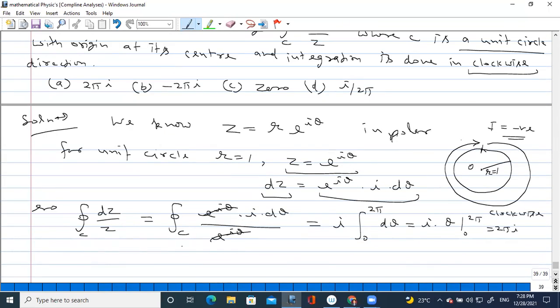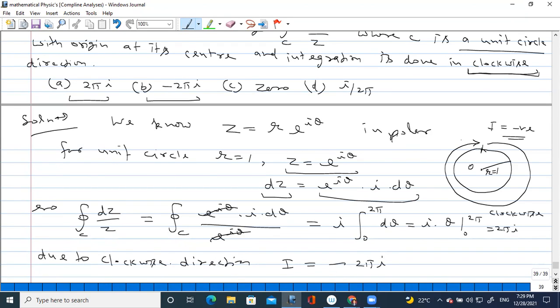So then we can say due to clockwise, that you also have to apply, otherwise the answer will be wrong and you will get negative marks, because both answers are there. See here, 2 pi i and minus 2 pi i are there. So due to clockwise direction, the integral will be minus of 2 pi i.